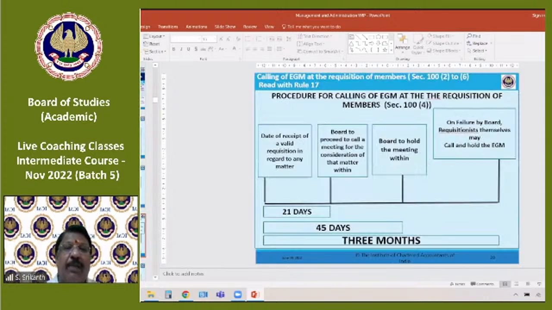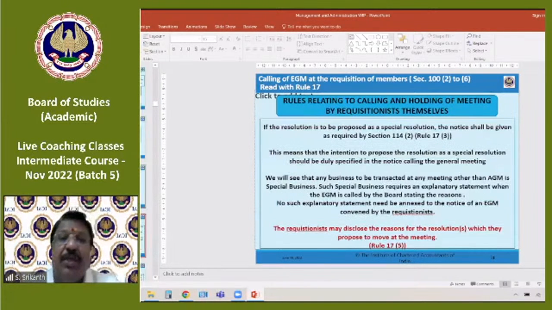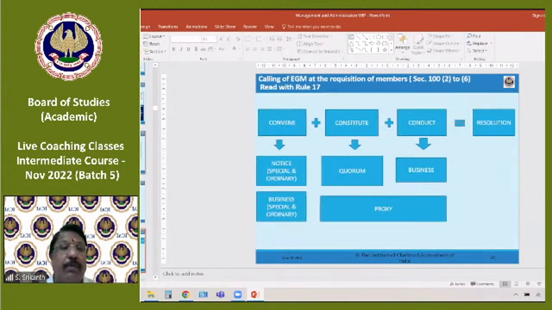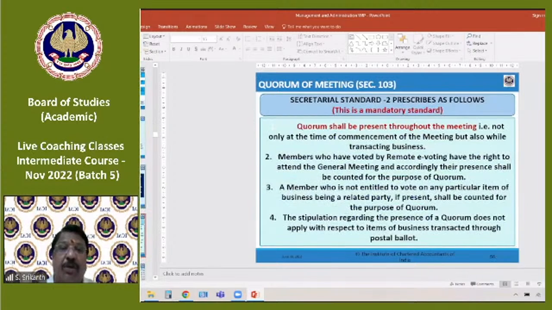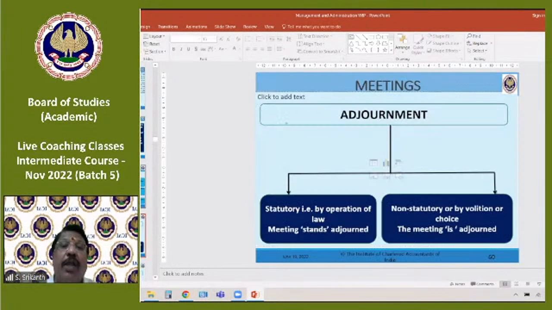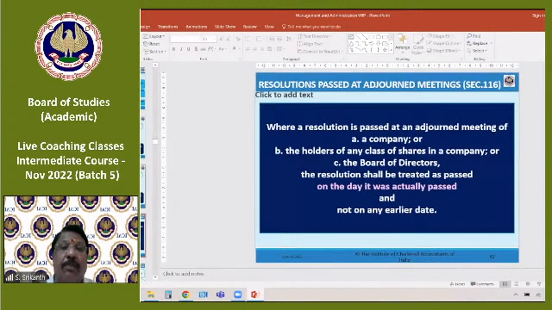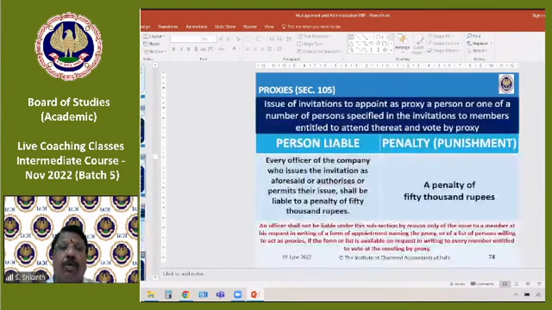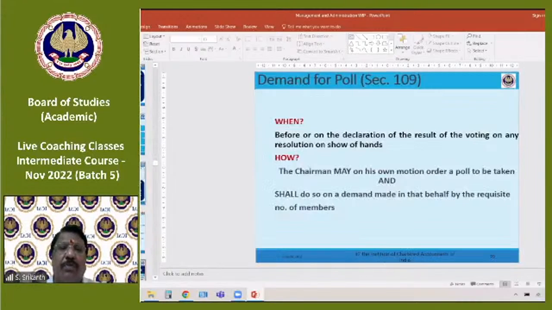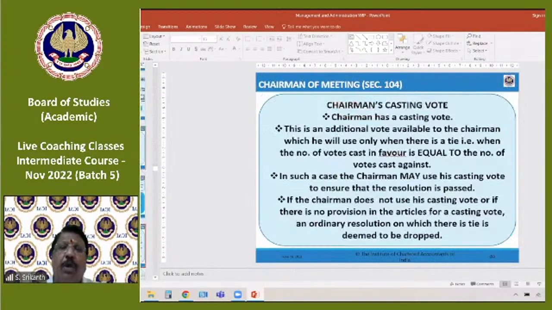Regarding AGM, EGM, requisition of an EGM, notice, quorum, proxy, these are all important parts of a meeting. Election of chairman, method of voting, right? Adjournments. So we saw all that. Also, poll, how a poll is taken.